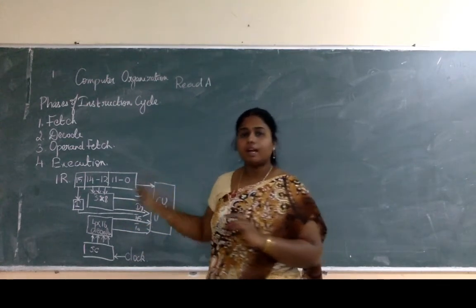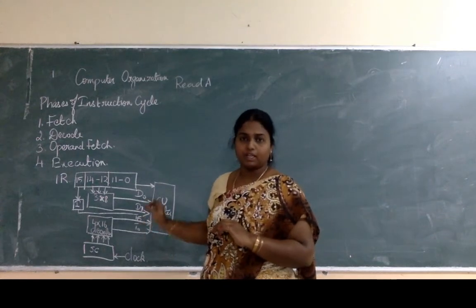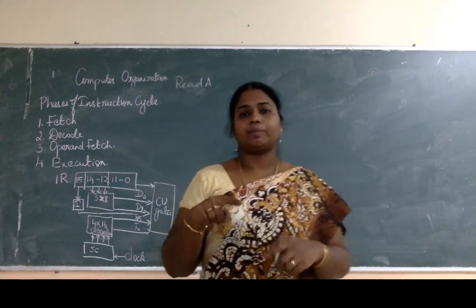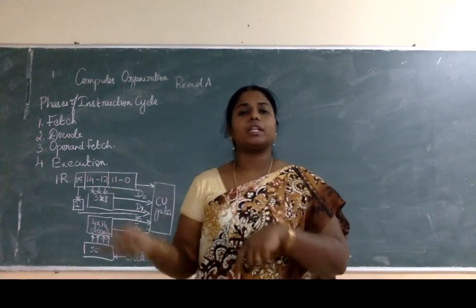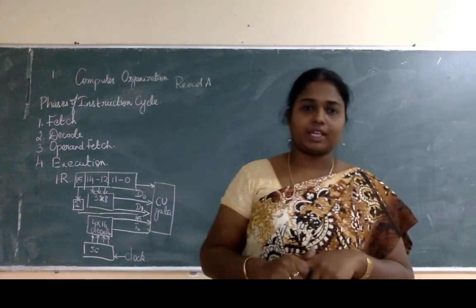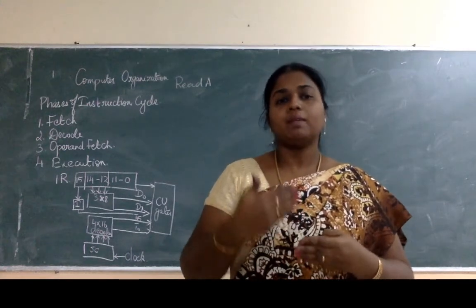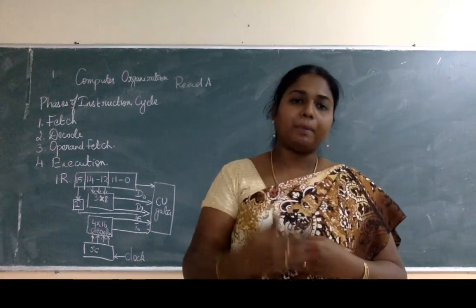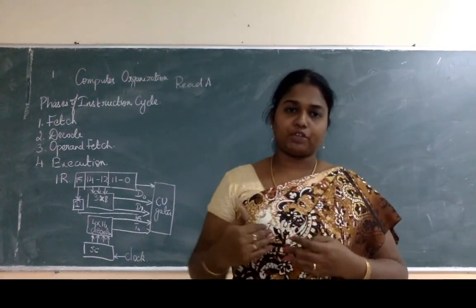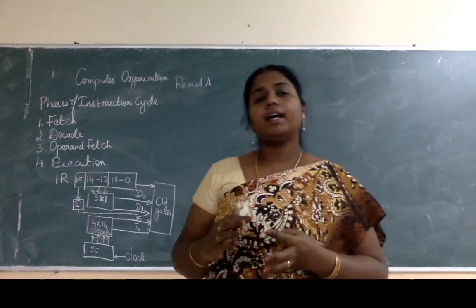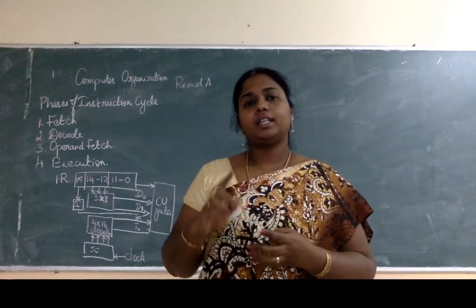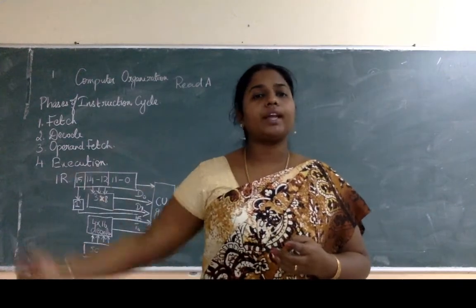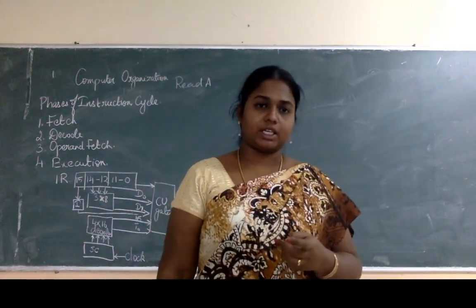So immediately after you have the T15 timing signal, the circuit will again come back to T0. At T0, you start with the next instruction execution. That's how the computer works. So this T0 to T15 is going to be repeated until the completion of the program. And not all instructions require the entire 15 clock cycles.